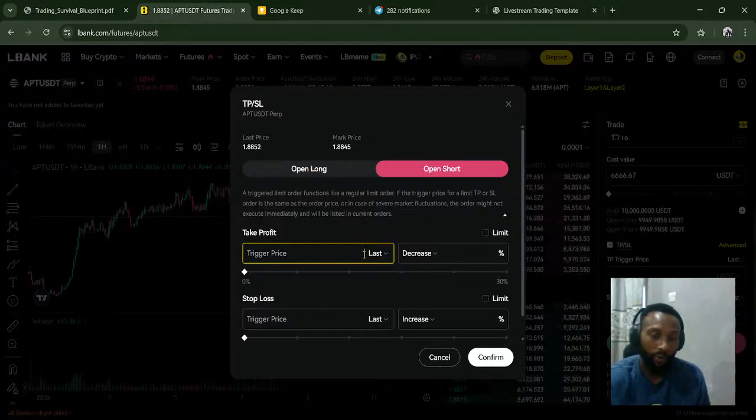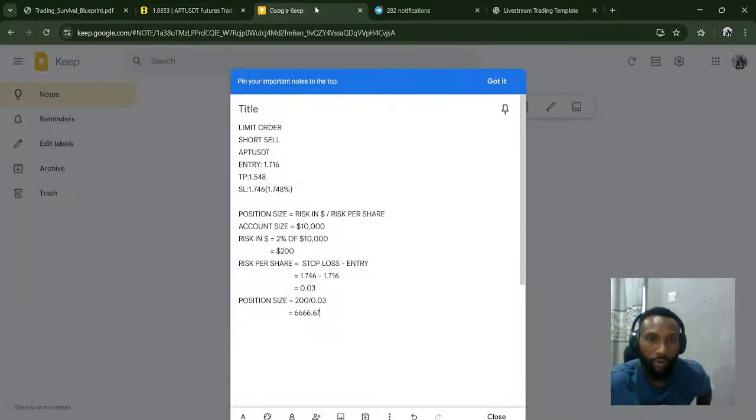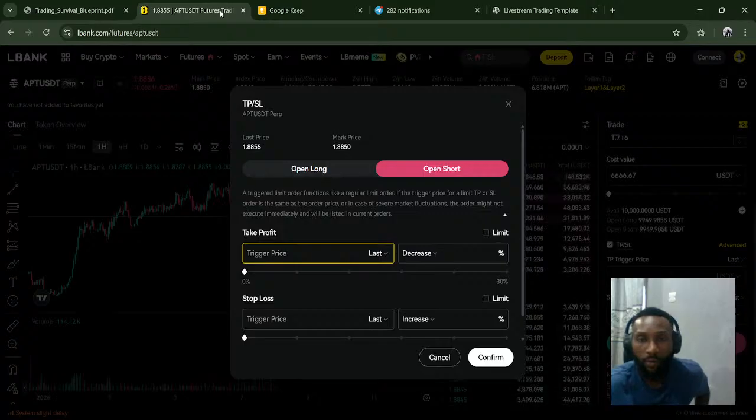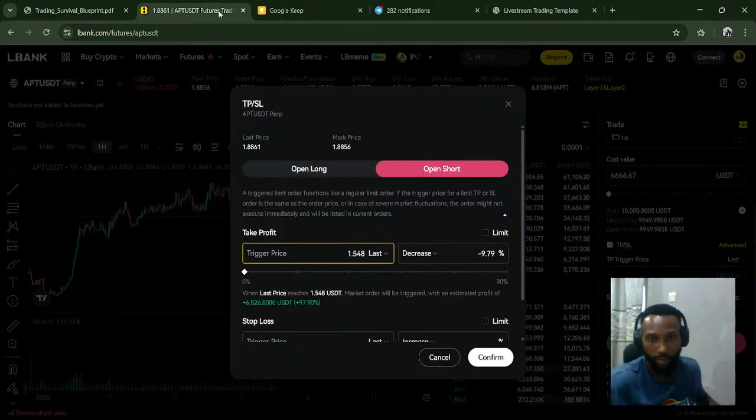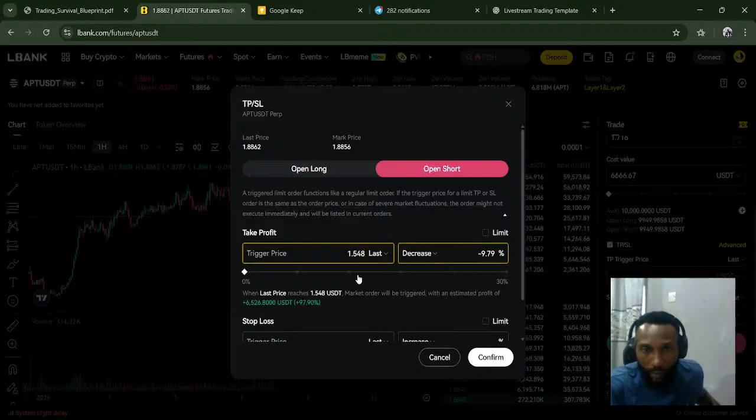Trigger price. What's your take profit price? We now go back to our setup and see the trigger for the take profit is 1.548. That's what TP means, take profit. We put it there.